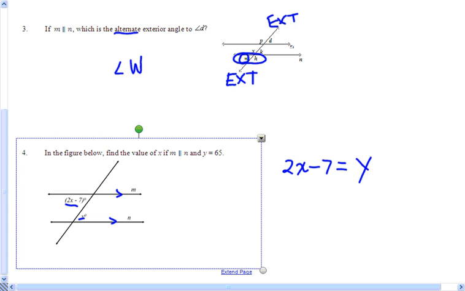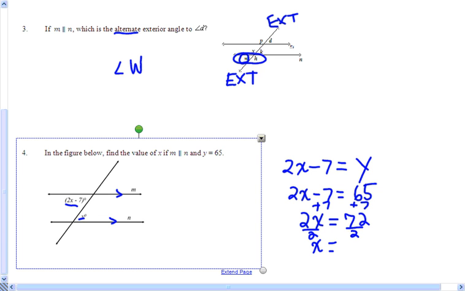We're given that y is 65, so 2x minus 7 has to equal 65. We can add 7 to both sides, and we get 2x is equal to 72. So x is equal to 72 divided by 2, which is 36.